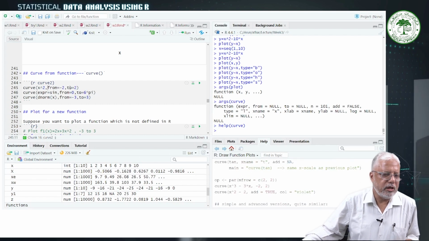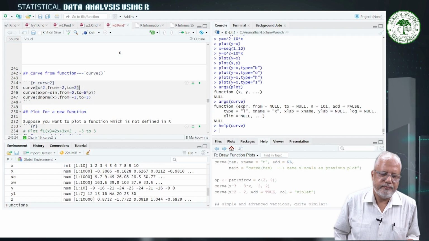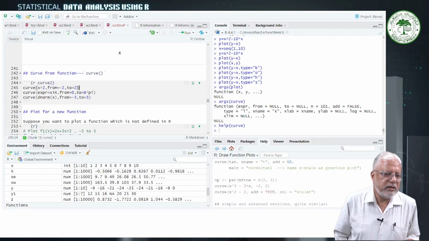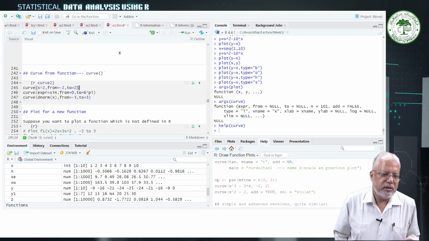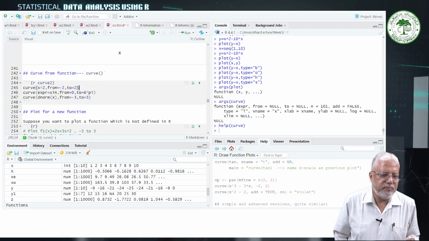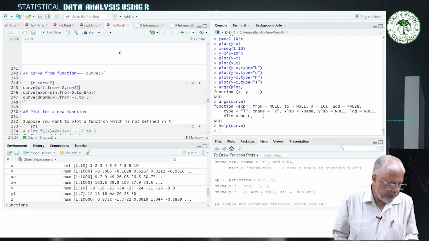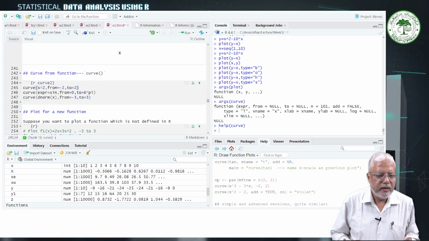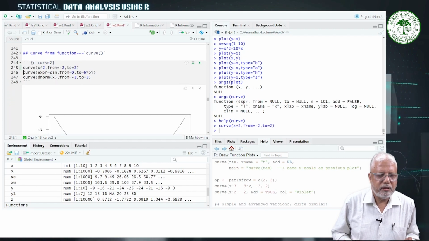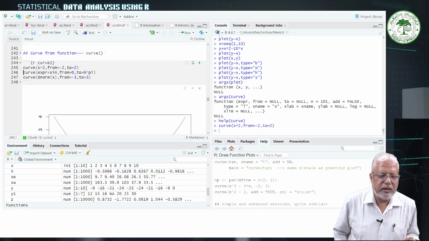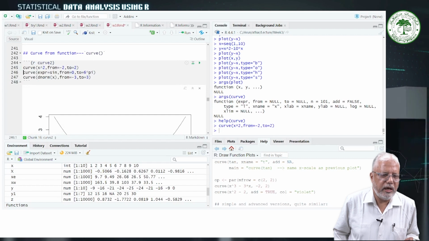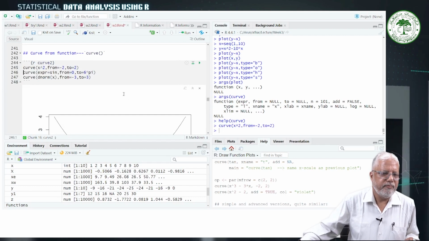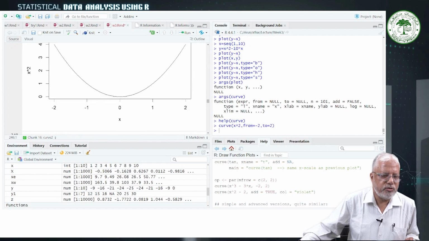Now I am going to talk about curve. What is the expression? Expression here is x raised to the power 2, and the lower range is -2 and the upper range is +2. So here I have plotted a curve, a parabola, in the range of minus 2 to plus 2.